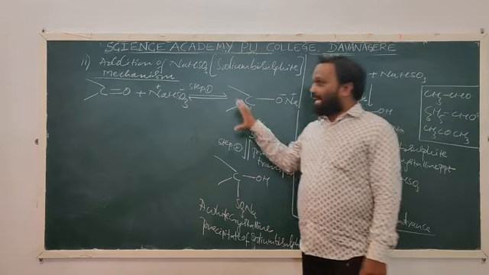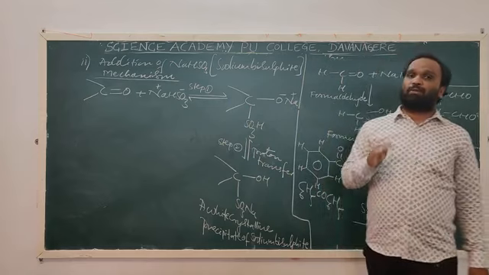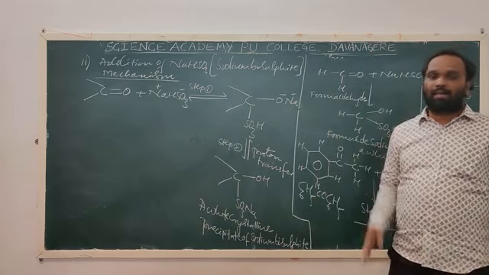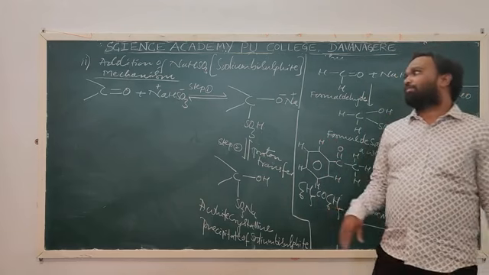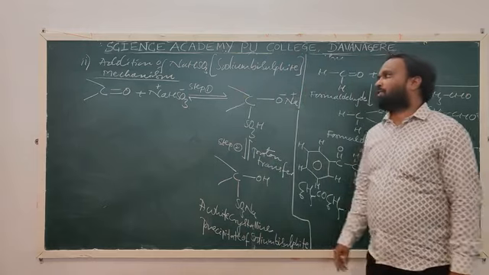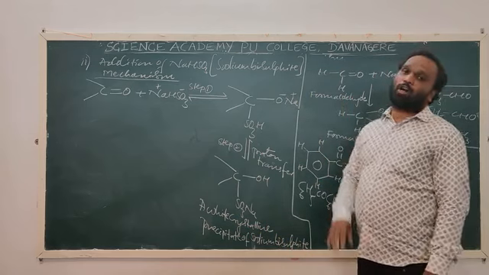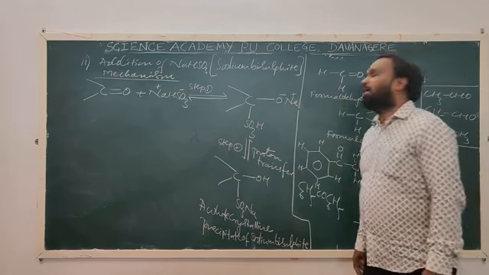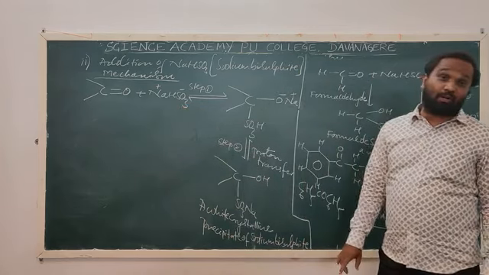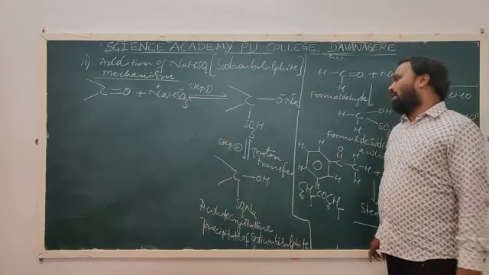This is a test used to distinguish carbonyl compounds from compounds with functional groups like alcohols, amines, etc. So this is a characteristic reaction of carbonyl compounds. Those compounds which contain the carbonyl functional group react with a saturated solution of sodium bisulfite, giving a white crystalline precipitate.